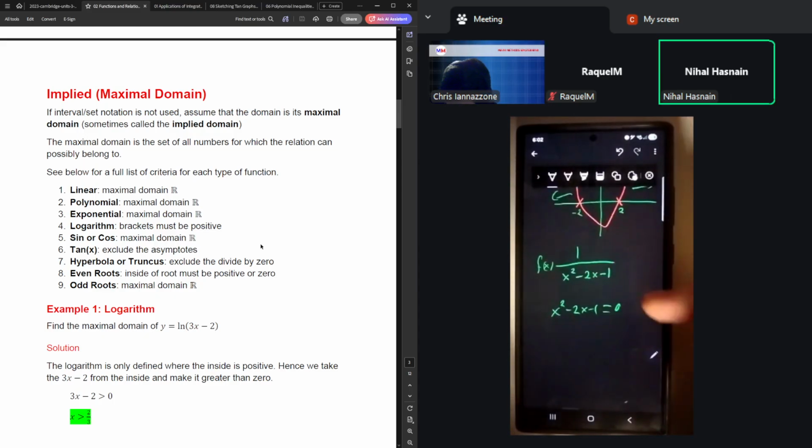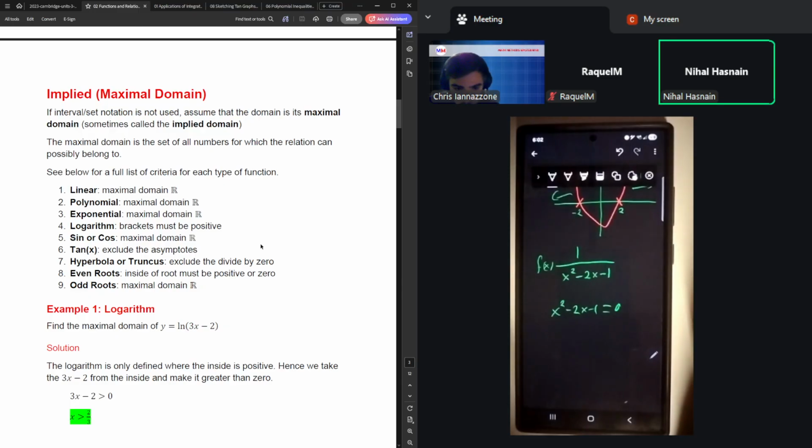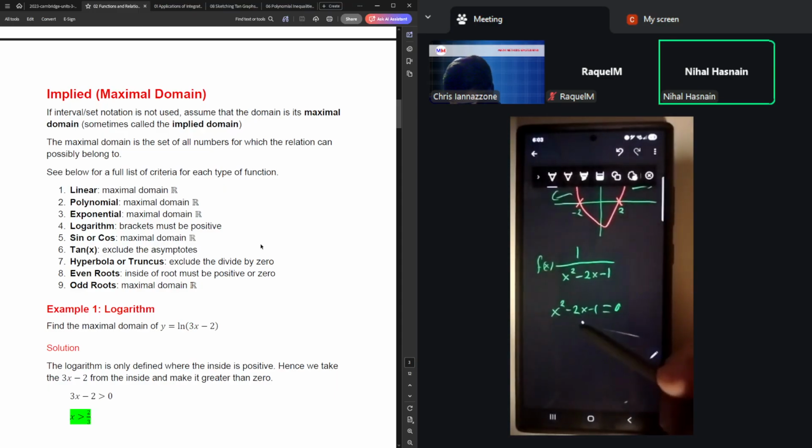This one doesn't look to be divisible by 0. So I think I was using the split the middle term method. Yeah, can't do it with that. So I guess we can try with the quadratic formula.